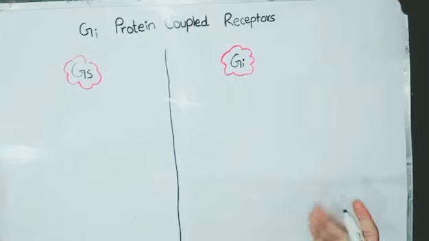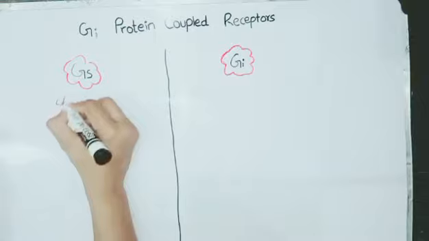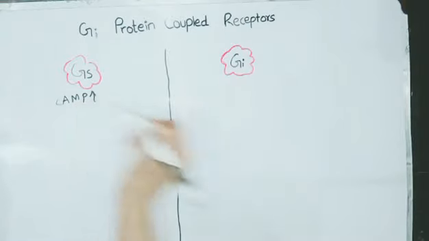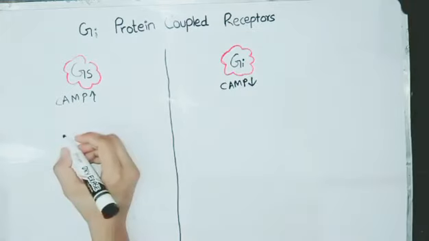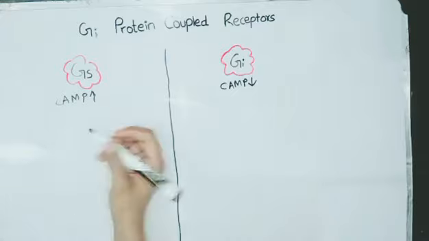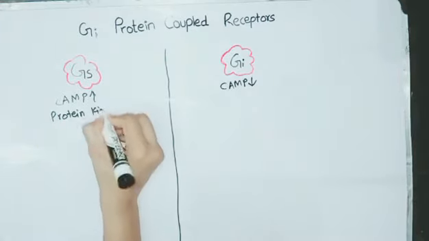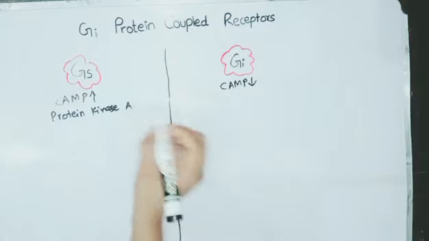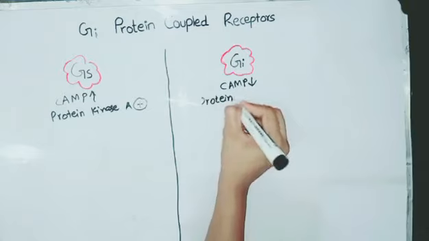So in summary, I would like to do a little comparison between G stimulatory and G inhibitory protein. G stimulatory is the one that increases the levels of cAMP, and G inhibitory reduces the level of cAMP. G stimulatory stimulates the activity of protein kinase A. So protein kinase A is stimulated here, and here protein kinase A is inhibited.